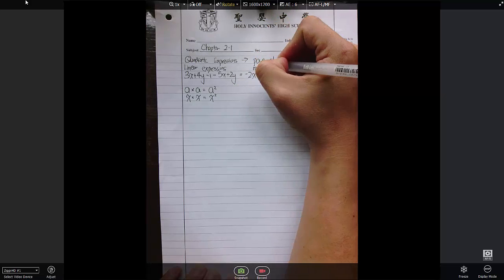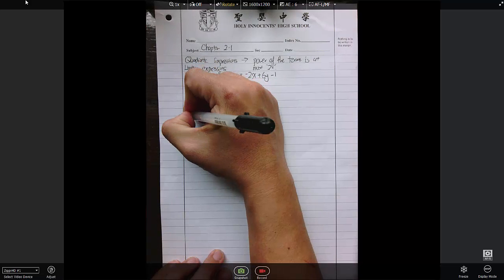So that is a quadratic expression. Same idea as the linear expressions: you collect like terms and you add and subtract like terms. So without much further ado, I'll dive straight into exercise 2.1.